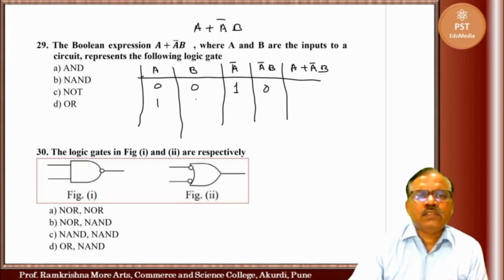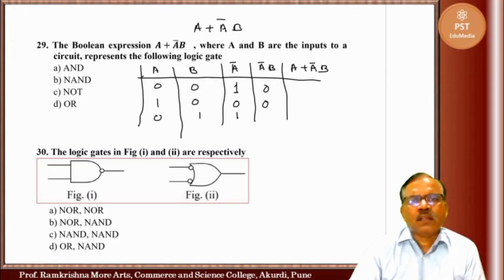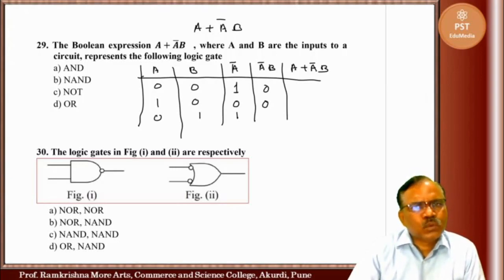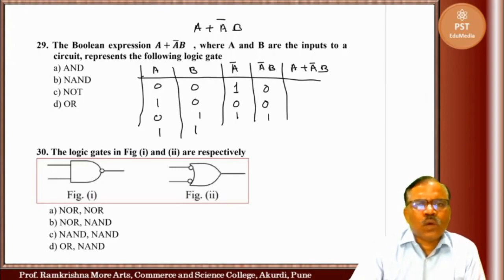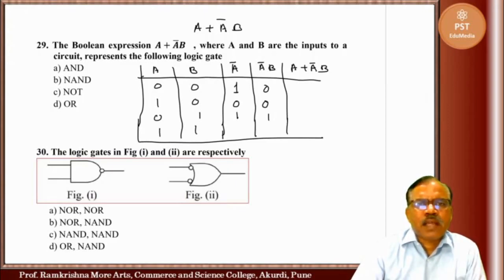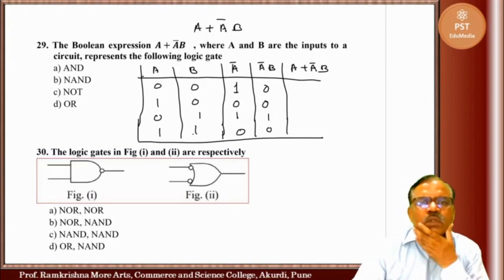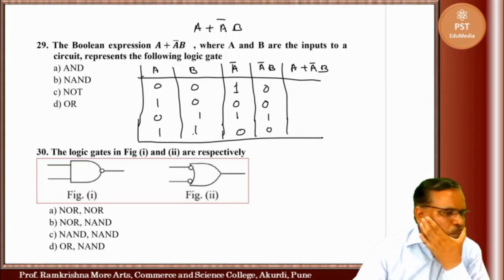Now 1, 0, A bar is 0, 0 into 0 is 0. Then 0, 1, A bar is 1, A bar into B is 1. Then 1, 1, A bar is 0, now 0 into 1 is 0.